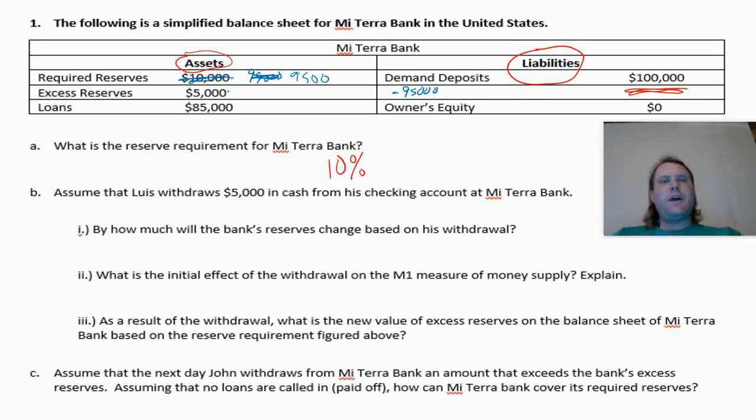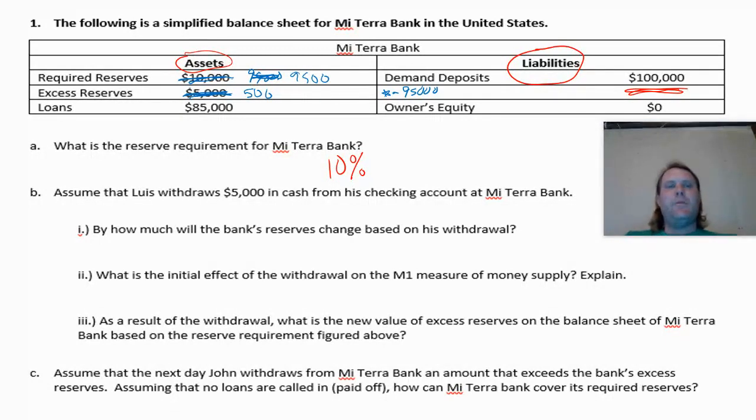It's going to change our excess reserves here to only $500. And how did I get that number? Well, I took 85,000 plus 9,500, and that got me 94,500. And remember, I know that all this stuff here has to equal this $95,000.